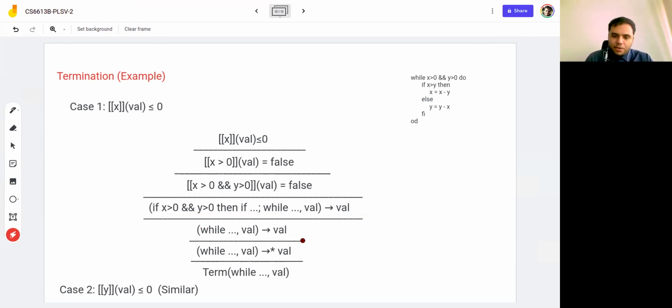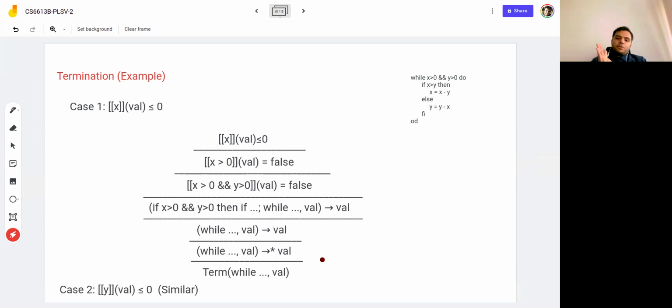Okay, so which rule did I apply here? I'm just adding this star. So this is one of the rules in the definition of transitive closure, yes. And finally, what rule am I applying here? Yes, this is the definition of termination.